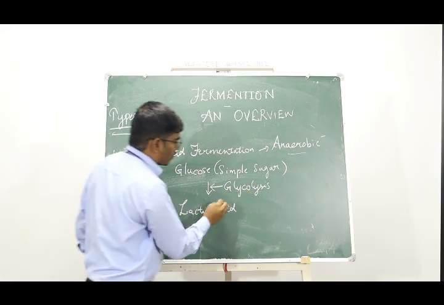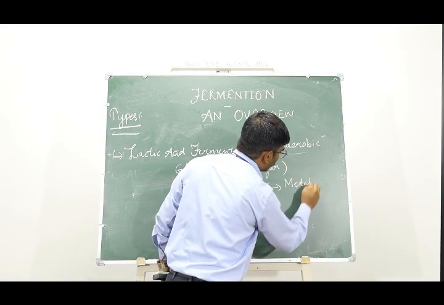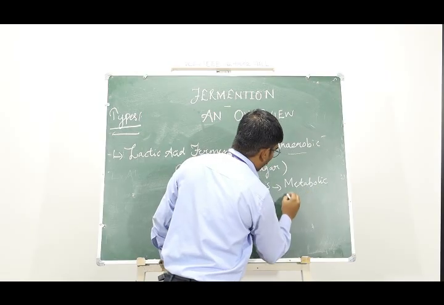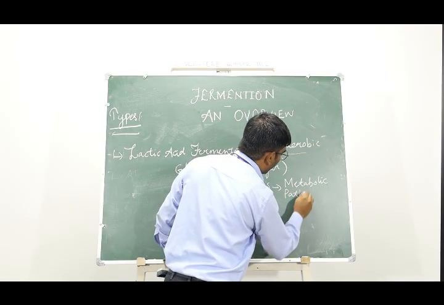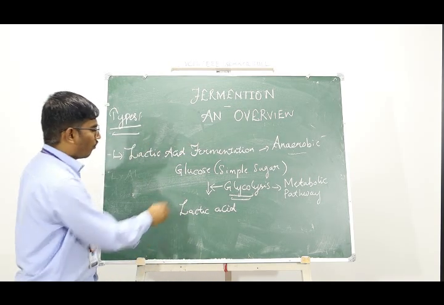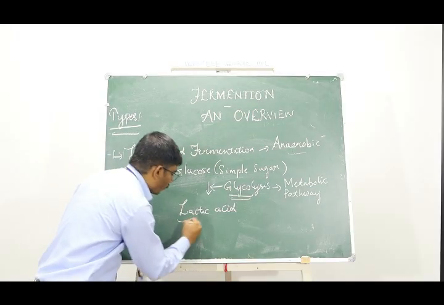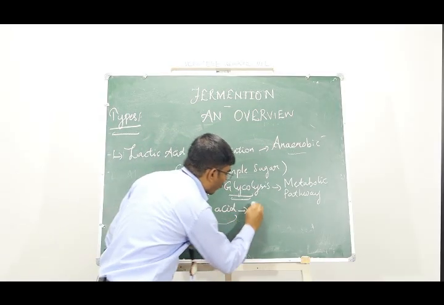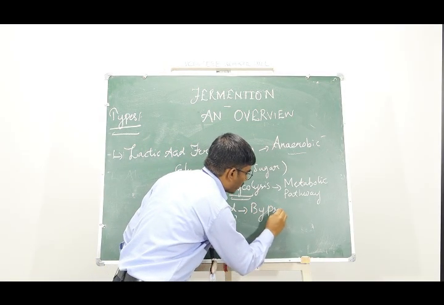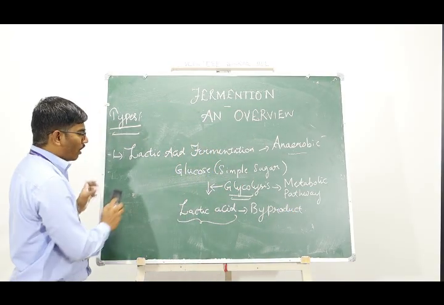So glycolysis is a metabolic pathway in which the glucose is converted into pyruvate, and thereby lactic acid will be produced, and this lactic acid will be generated as a byproduct. So that's why the lactic acid fermentation is called lactic acid fermentation.